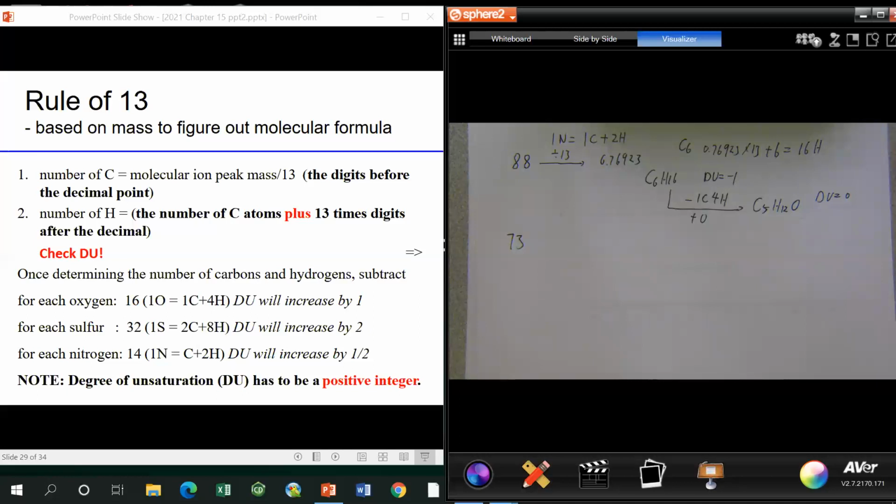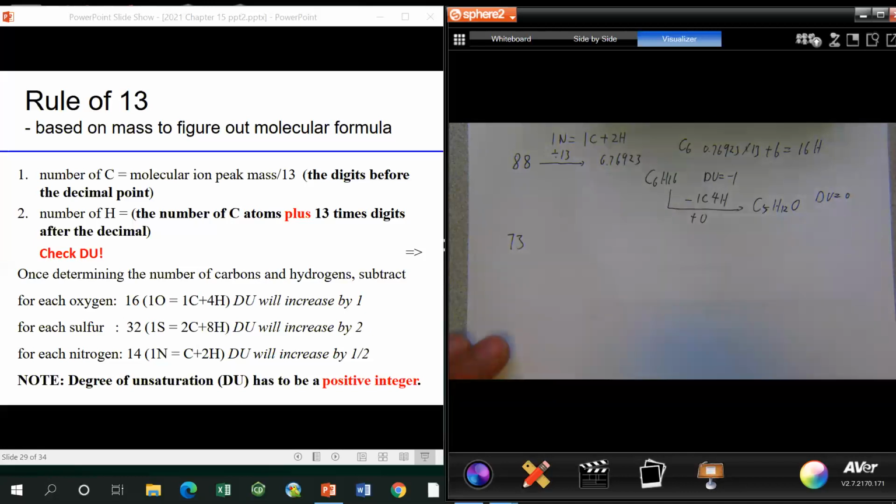So now you need to do some replacement to get a formula that makes more sense. Here we still get a half for the DU number. That doesn't make sense. So can anyone give a more reasonable formula? Yeah, that's right. Finally. That's right. Good.